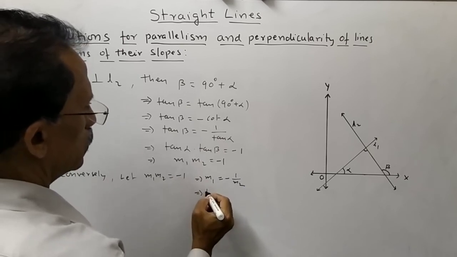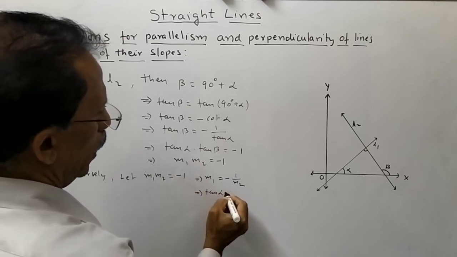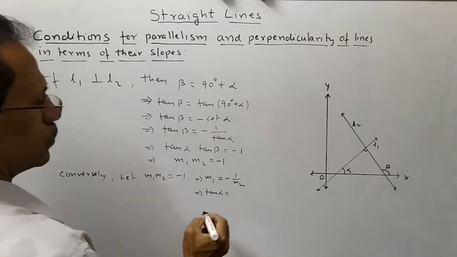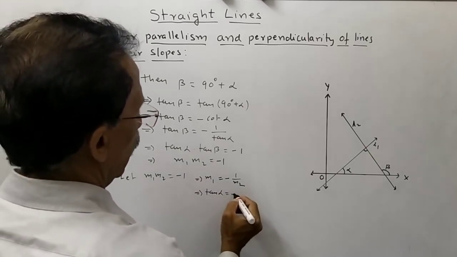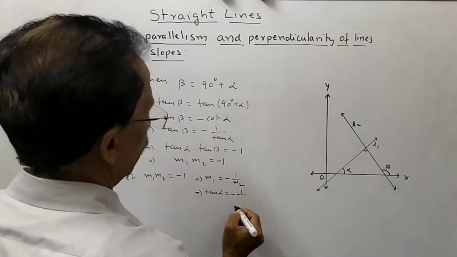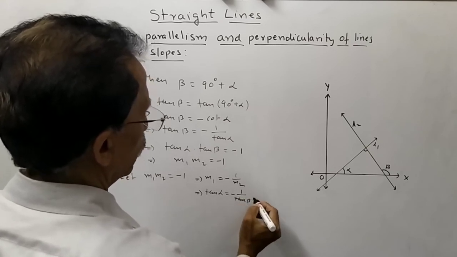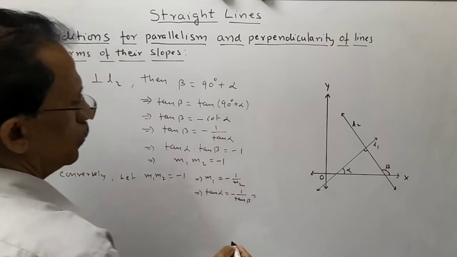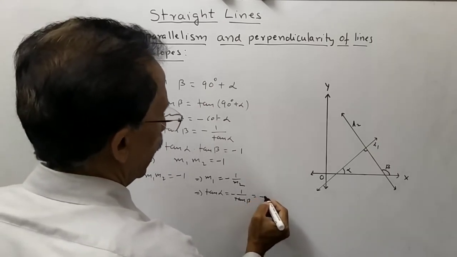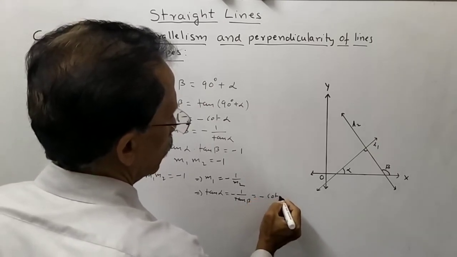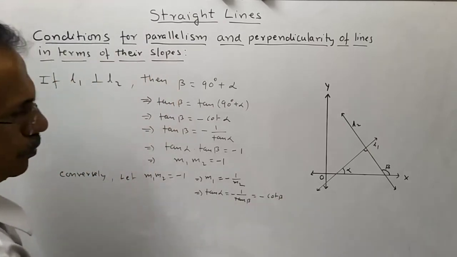Implies tan alpha is equal to minus 1 by tan beta is equal to minus cot beta.